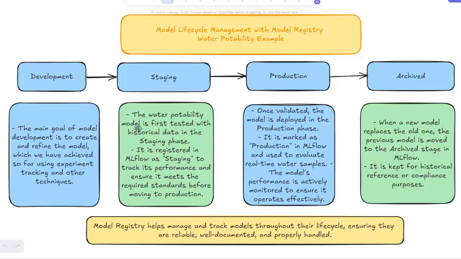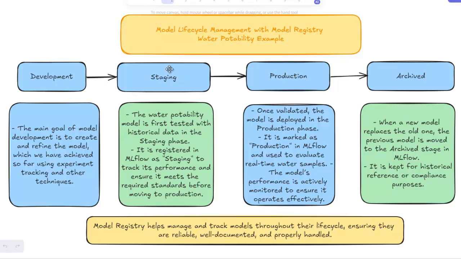Let's take the example of water potability prediction. The water potability model is first tested with historical data in the staging phase. It is registered in MLflow as staging to track its performance and ensure it meets the required standards before moving to production. This is the testing phase.